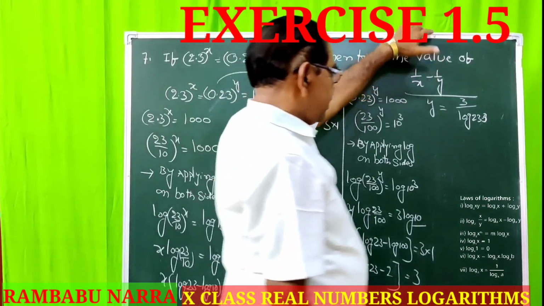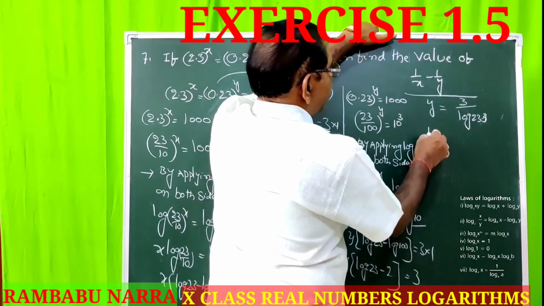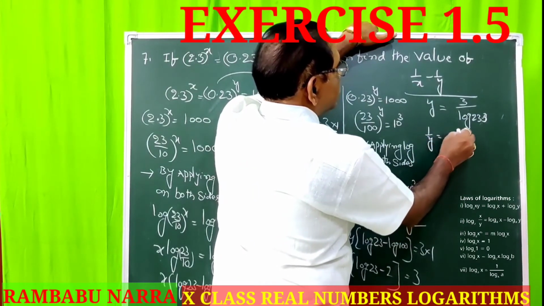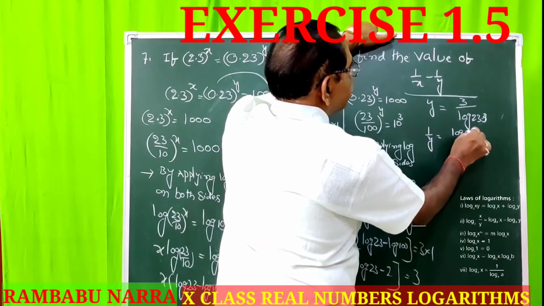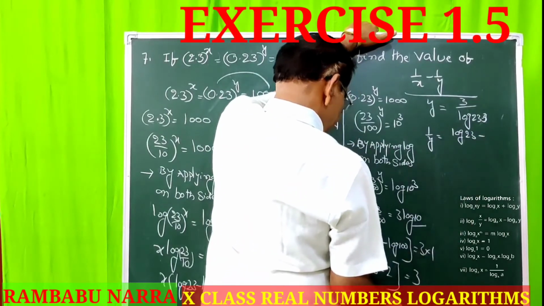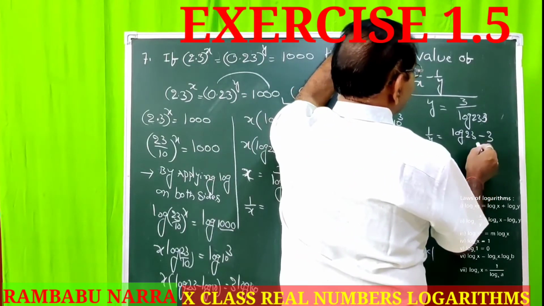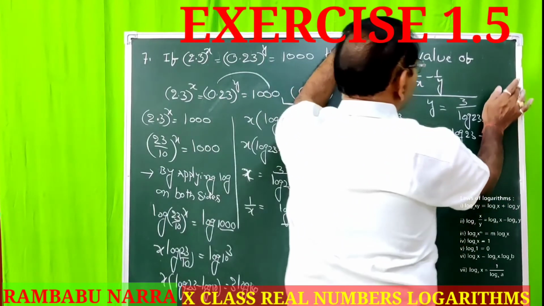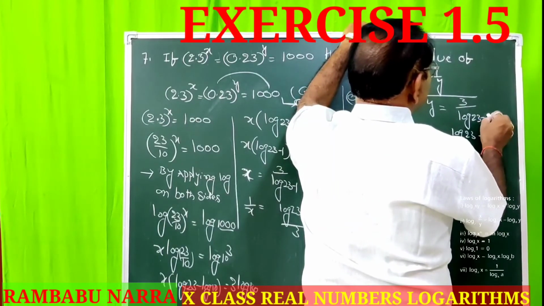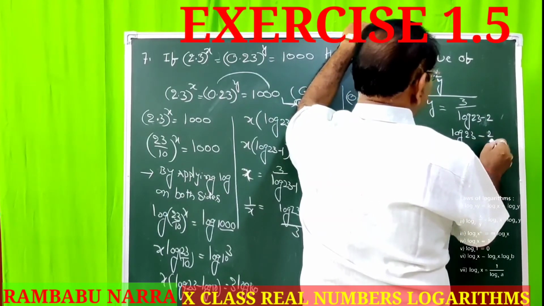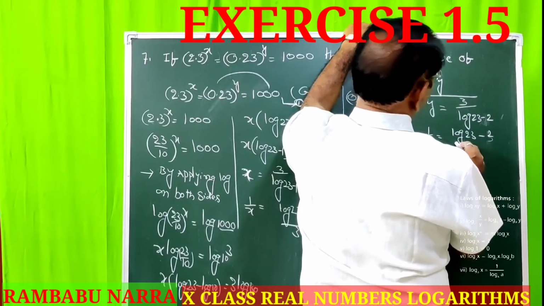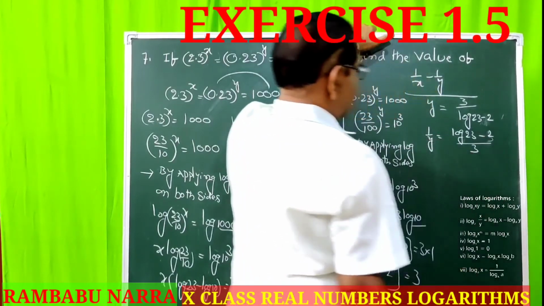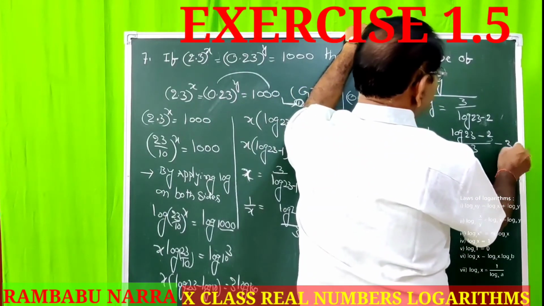Asking 1 by y, the reciprocal of y, 1 by y equals (log 23 minus 2) by 3. Now this is equation number 3.